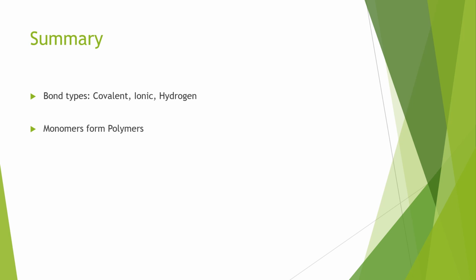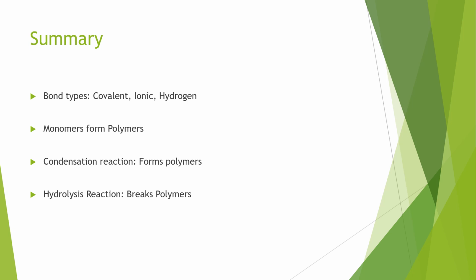This linking happens through a condensation reaction, where water is released as each monomer joins the chain. On the other hand, hydrolysis reactions break polymers back down into monomers by adding water. These reactions are fundamental to building and breaking down the molecules our bodies rely on. Understanding them is key to mastering biological chemistry.